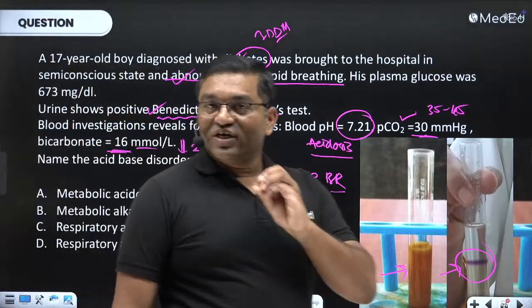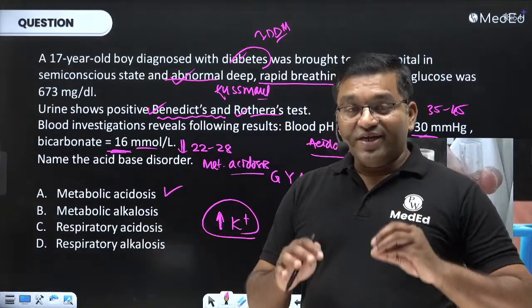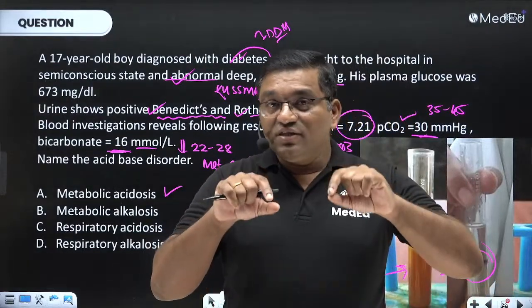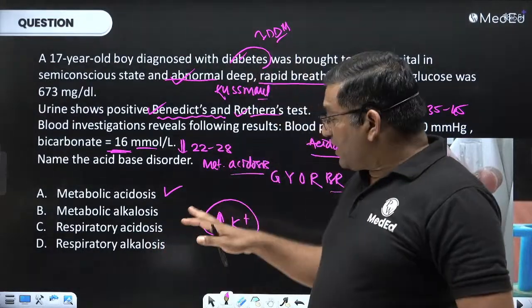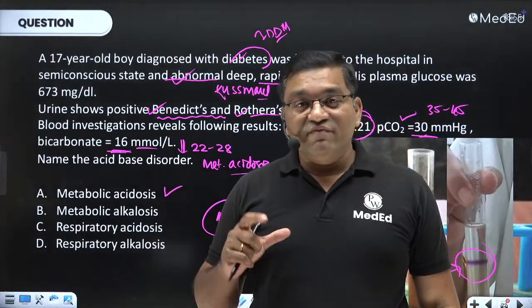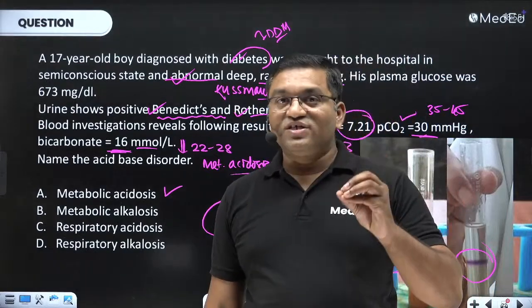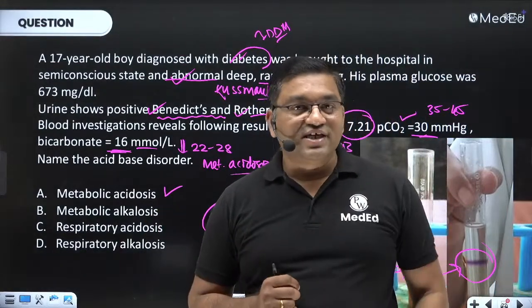But when we give the insulin in the treatment of diabetic ketoacidosis, the patient has hyperkalemia, we are giving the insulin, and the patient suddenly goes into hypokalemia because of rapid opening of the intracellular potassium channel which drags potassium inside the cell.